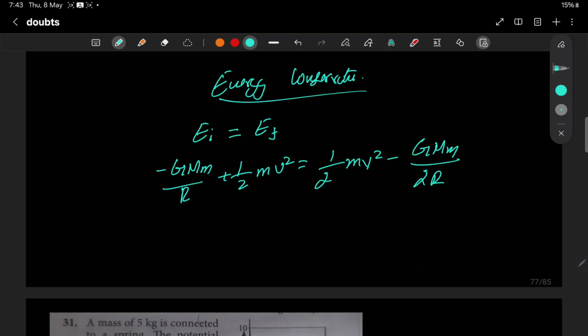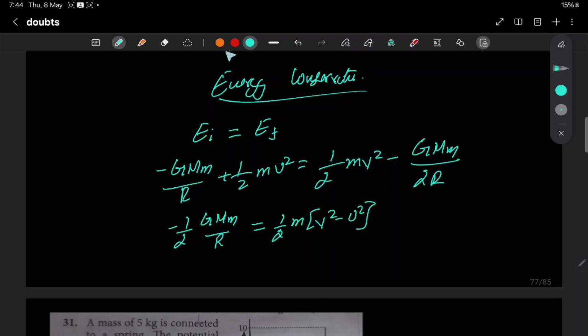So here GM by r, GM by 2r. Let us first subtract this. If I bring this here, I get minus 1 plus half, which means minus half. I get minus half GMm by r, which will be equal to, taking this to the other side, half m times v square minus u square.